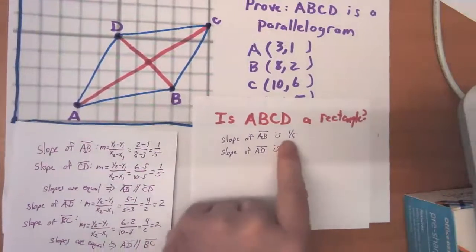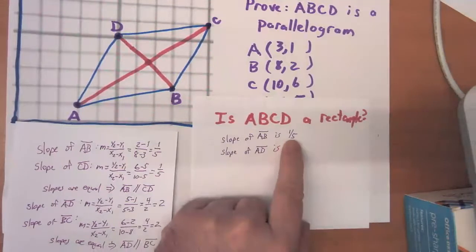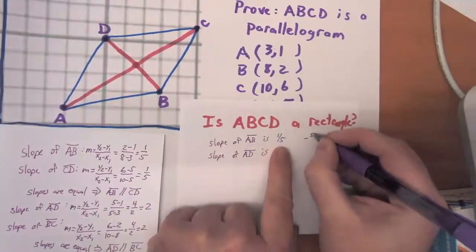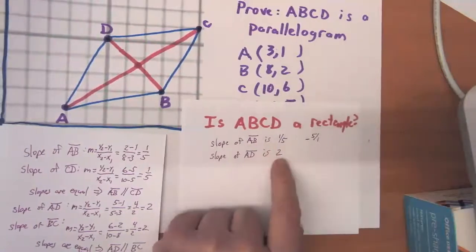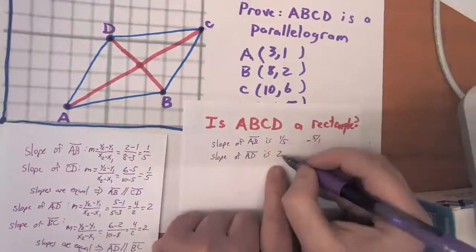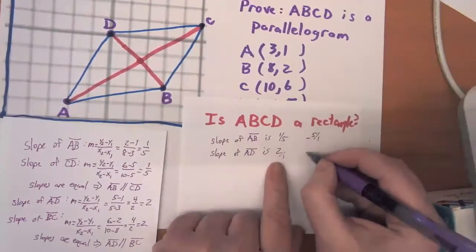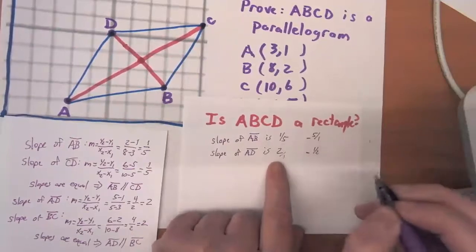So a line that's perpendicular to this line would have a slope of negative 5 over 1. And this isn't negative 5 over 1. Same thing with this one. If I think about this as 2 over 1, any line perpendicular to this would have a slope of negative 1/2.